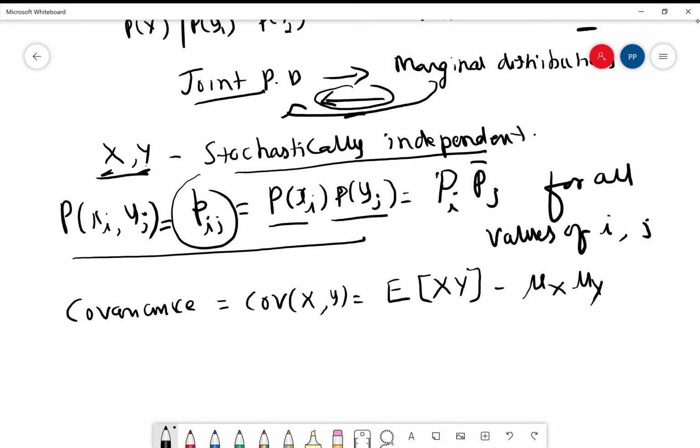What do these notations stand for? Mu x is the mean of the distribution corresponding to variable x, and mu y is the mean of the distribution corresponding to y.